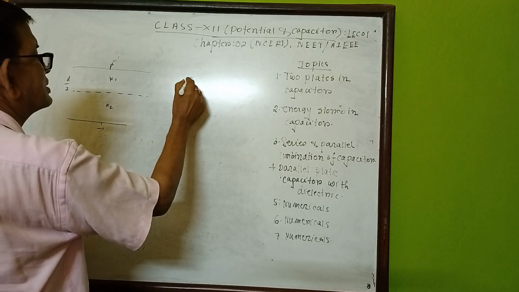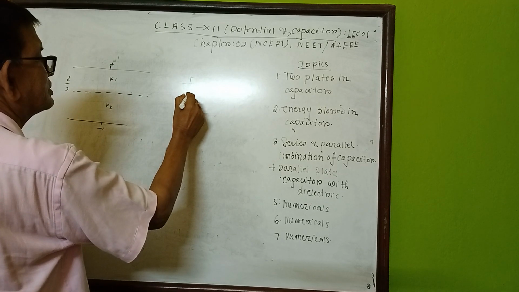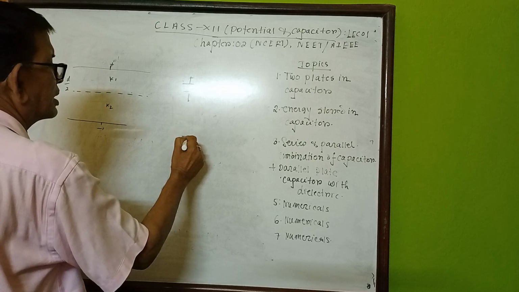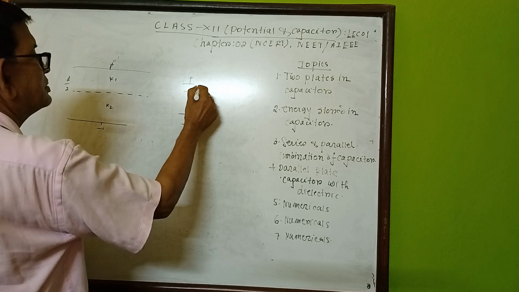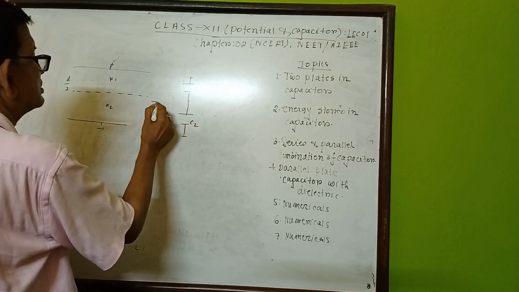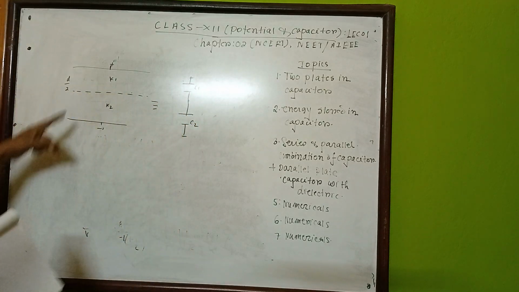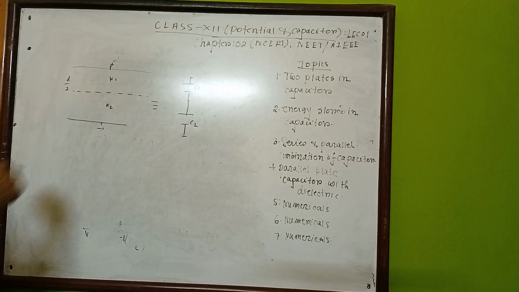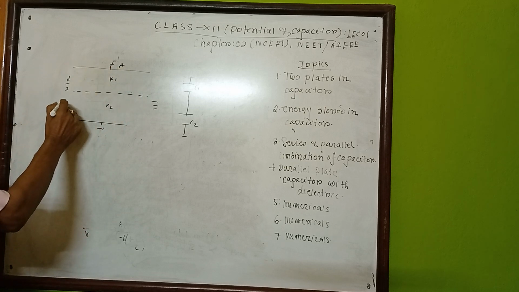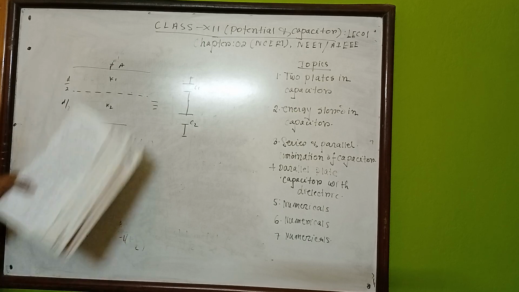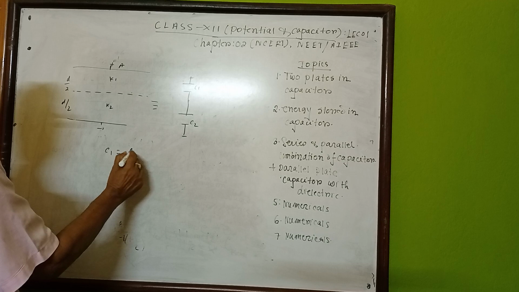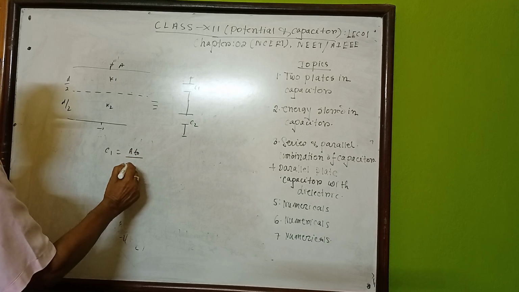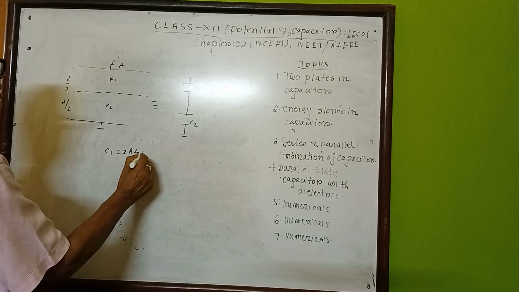So one capacitor you can write like this, and this is the other capacitor, C1 and C2. So it is clear that in this case there are two capacitors, area is the same, thickness d by 2. So C1 you are getting A epsilon naught by d by 2, into K1.